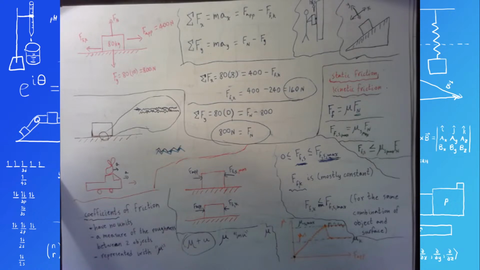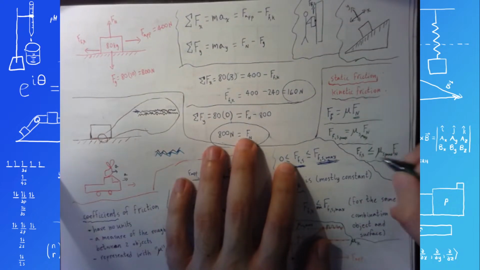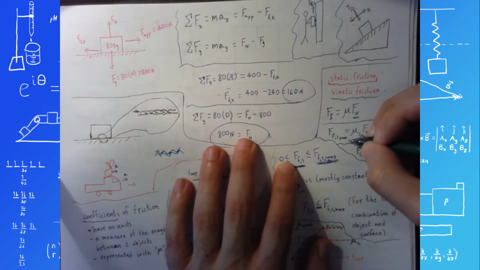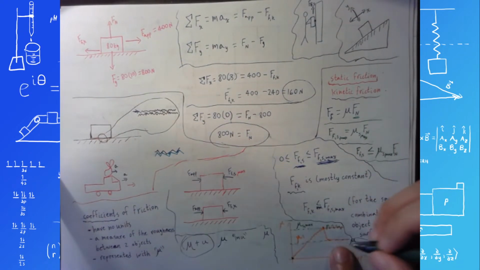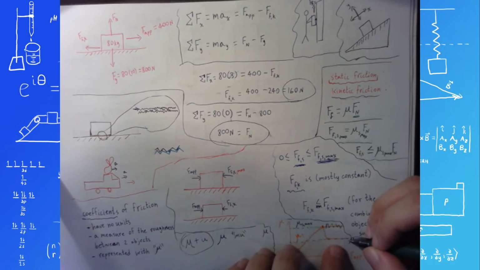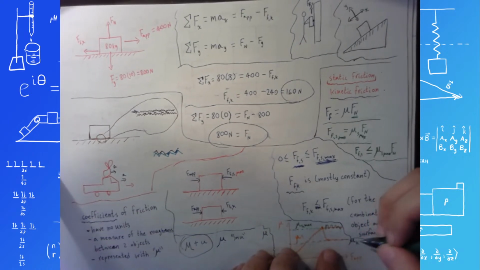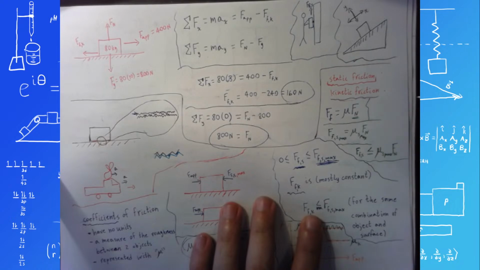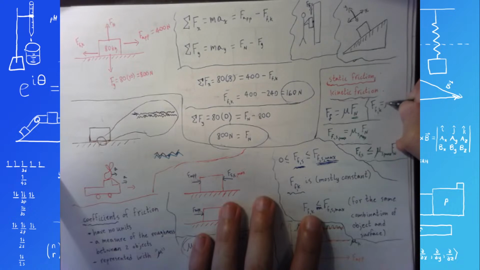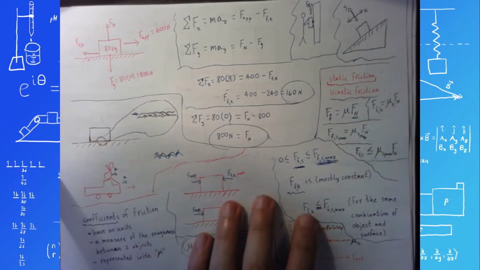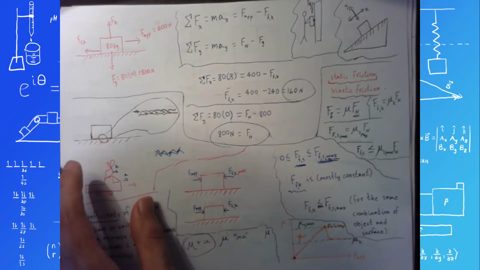So for kinetic friction, you don't need the inequality. You don't need to indicate a maximum. For kinetic friction, the coefficient is approximately constant. So for force of friction kinetic, you would just say mu kinetic times normal force is equal to the kinetic friction, and you would just treat the kinetic friction as having a constant value.